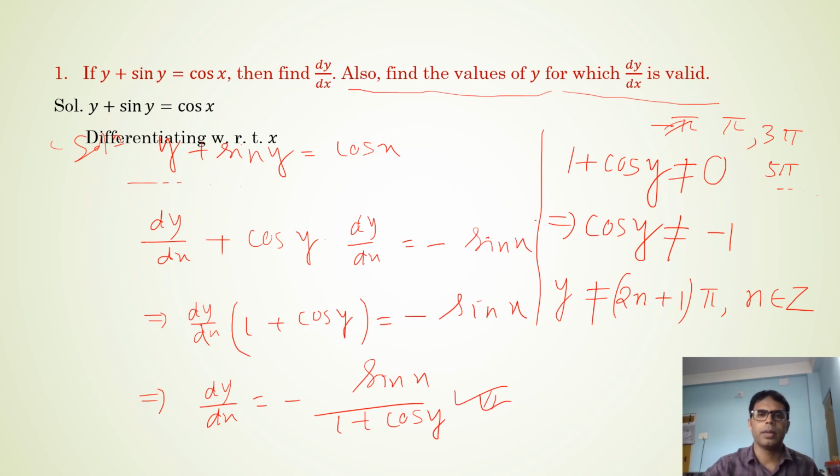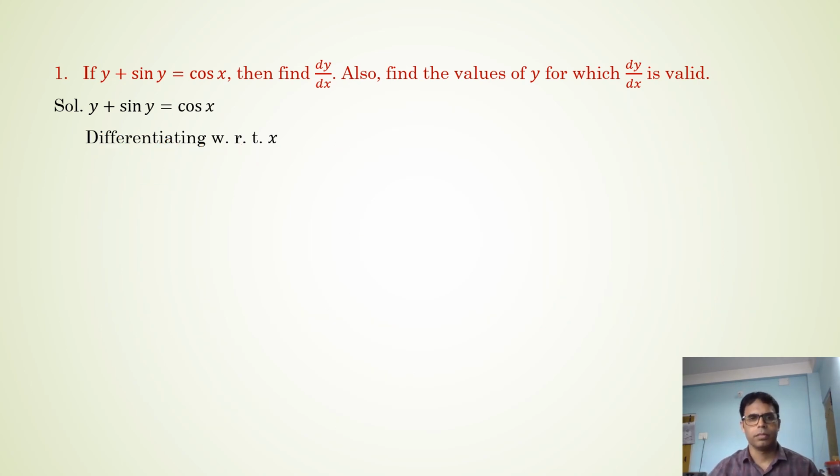Now you see the printed part of this solution. I have written here differentiating with respect to x. Then dy/dx is the differentiation of y, and cos y dy/dx is the differentiation of sin y, and the right side is minus sin x.